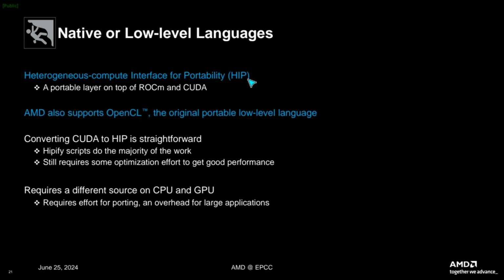So we have a couple different scripts that you can use to do that kind of work, and it's really just replacing the CUDA calls with either a ROCm call or a HIP call. Now, I strongly recommend a HIP call because then you are portable. And you still have to do some optimization effort to tune the performance on the critical loops.